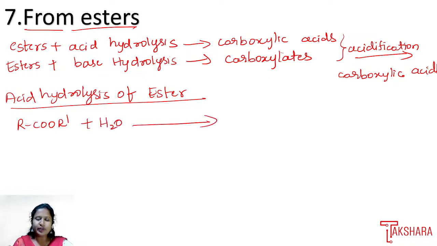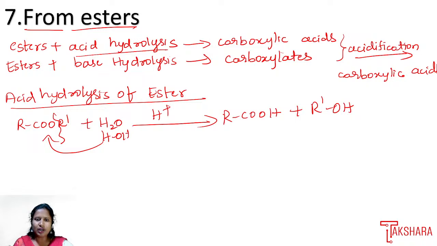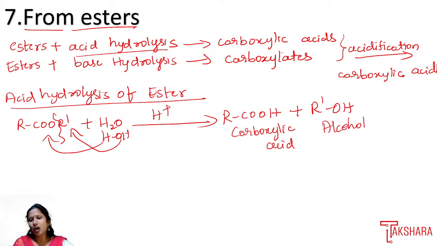Okay, so in the presence of acid hydrolysis, the product we get is RCOOH plus R'OH. Okay, so see here it splits, H and OH, H goes here and OH comes here. RCOOH is what? Carboxylic acid, and R'OH is what? Alcohol.